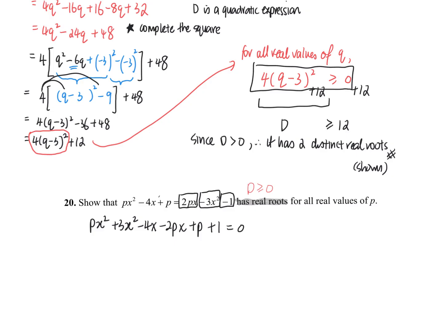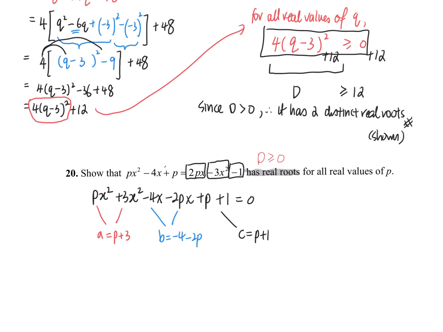But if you can see it, no need. So what is your a if you observe? A is p plus 3. Okay, your b is your negative 4, negative 2p. And then your c is just p plus 1. So if you group them together, all you have to do is to drop the x squared, drop the x, and take out the constant.